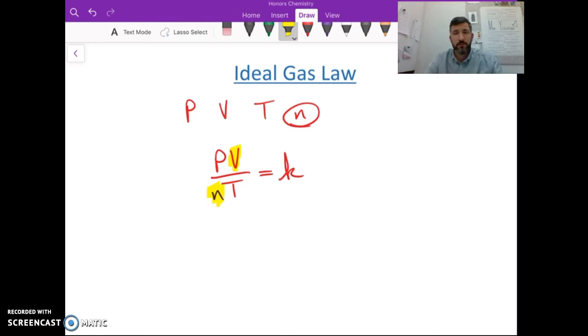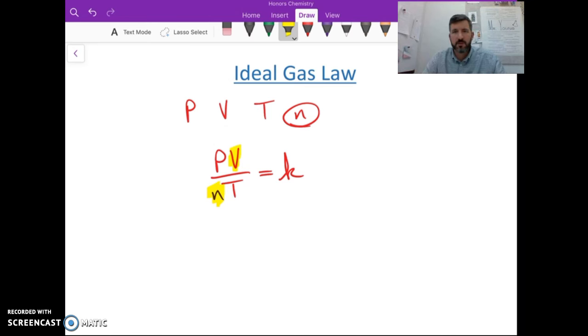If I have a balloon, it has a certain number of moles inside. The balloon's not tied off, so I blow into the balloon, increase the number of moles. That's going to increase the volume. So what we've just done here is we've included all four variables. And when we include all four variables, we don't have to hold anything constant.